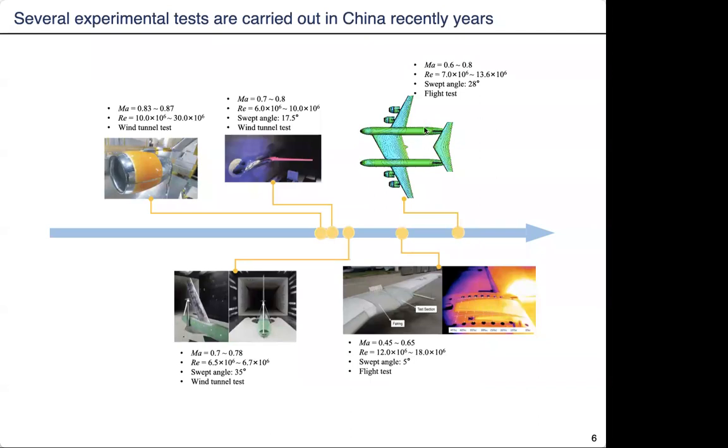And this is a flight test on the unmanned aerial vehicle. This is a real aircraft wind tunnel test. It is the COMAC 919. It is used to research the hybrid laminar flow control. Today, I will focus on these 2 experimental data.